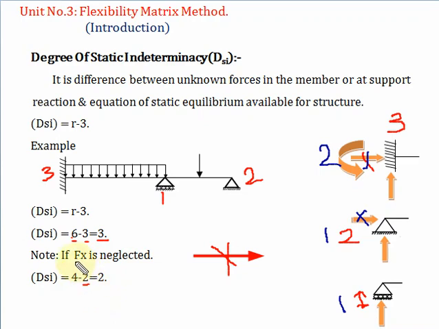So if you neglect summation Fx, or if you do not consider the displacement in x direction, then DSI is equal to 2. Okay, so in case of beam, we do not consider the displacement in x direction. So here the value will be 2.